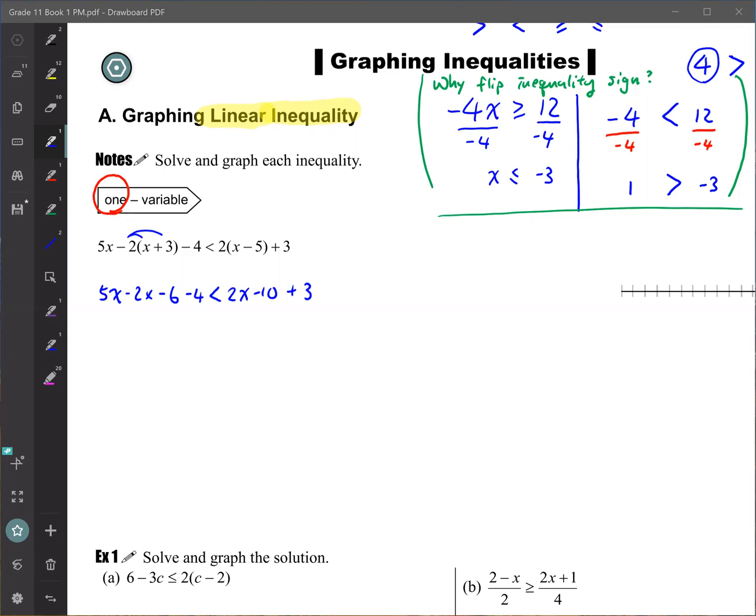Okay, we'll group all the x to the left, all the numbers to the right side. Okay, so Harry, can you tell me what you have now?